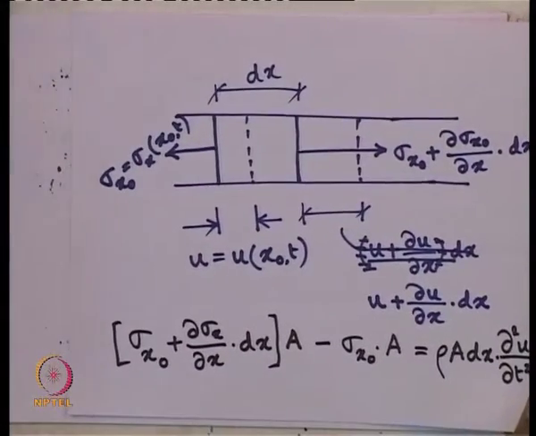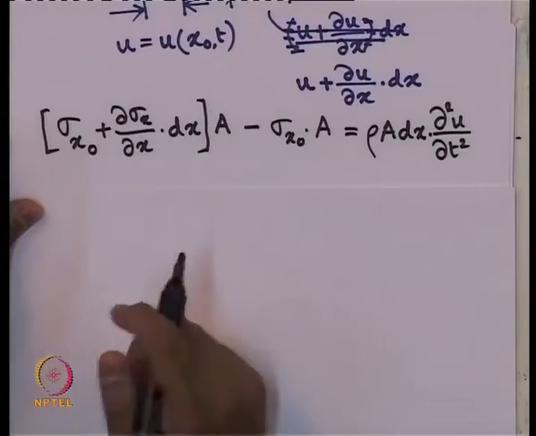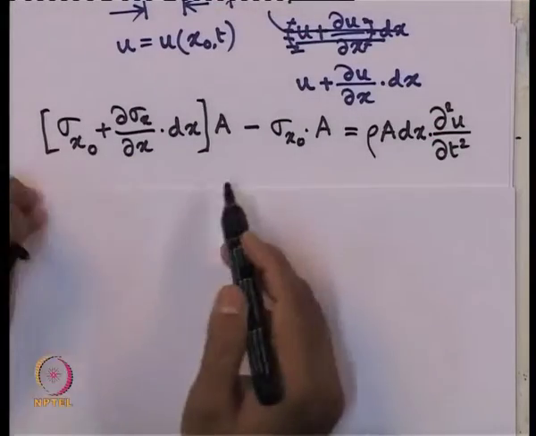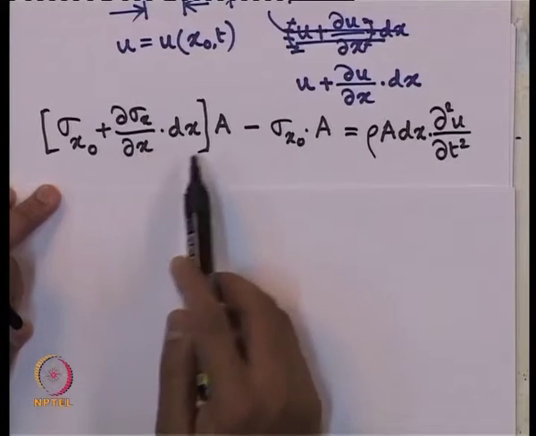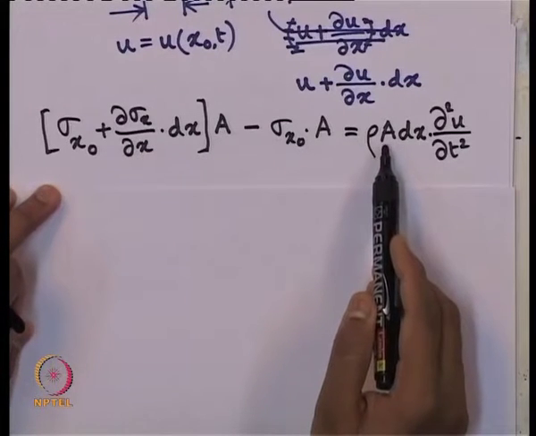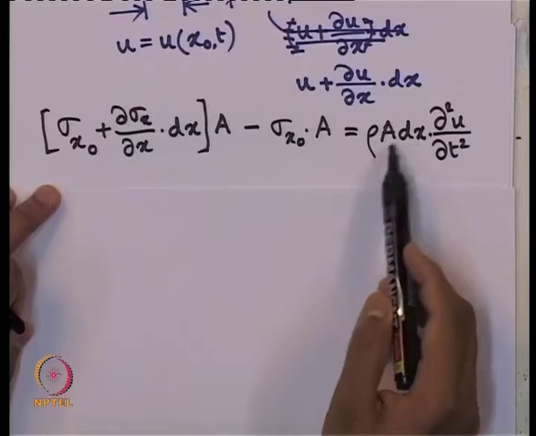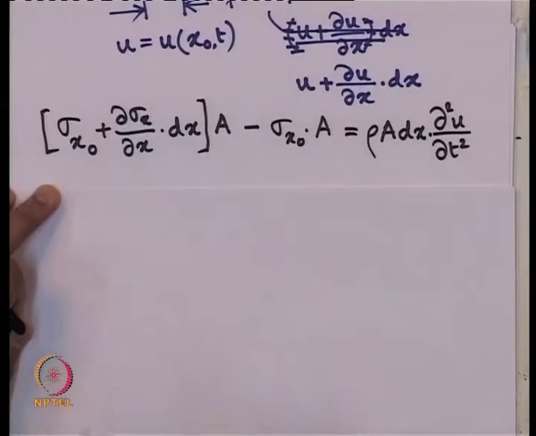This will give us, by solving, if I keep the previous equation here, so that it is visible. Now, let me solve this one. This gets cancelled. Now, area of cross section is non-zero, dx is non-zero. So, a dx gets cancelled.